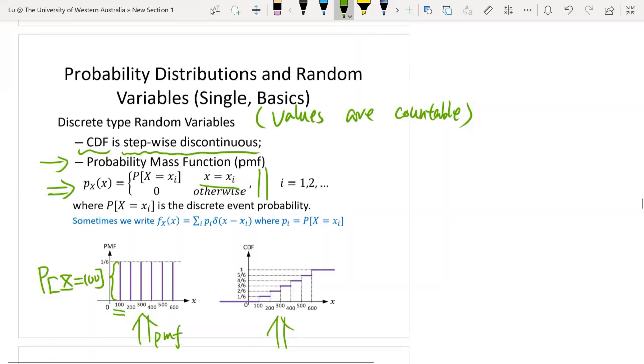You will not be able to see a smooth continuous function curve from negative infinity to positive infinity. The style of the CDF for a discrete type random variable looks like steps, level by level, going up. And between any two adjacent levels, there must be a sudden jump. We call that a discontinuity in the curve.